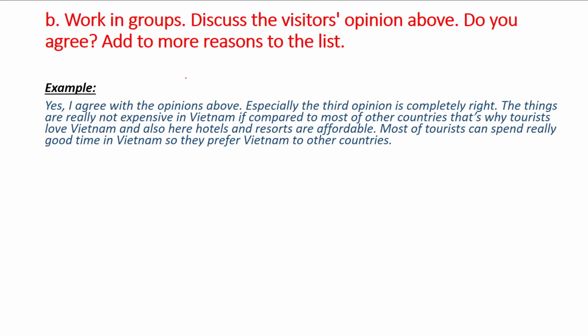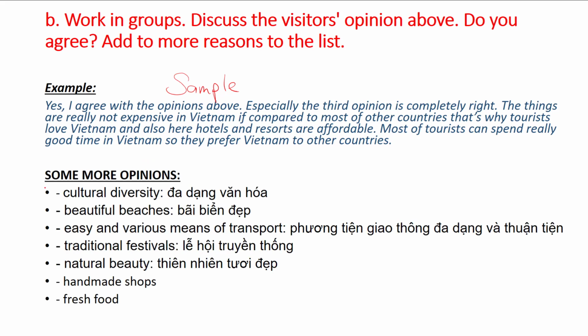It is just an example or a sample. So if you want, you can write it in your notebook and you can read it in the classroom. And here are some more opinions. So cultural diversity, beautiful beaches, and easy and various means of transport. In Vietnamese.